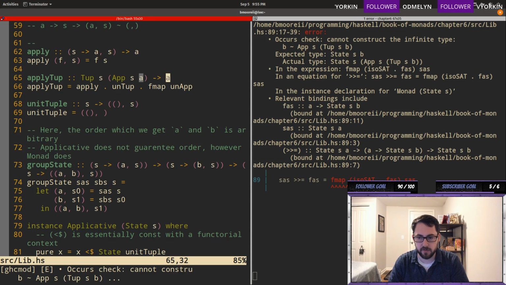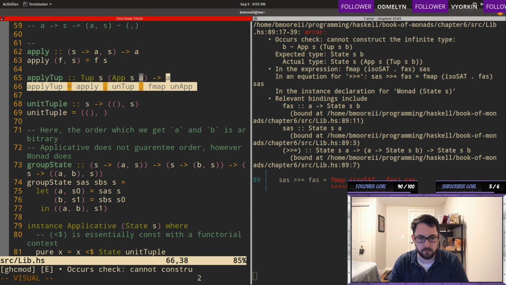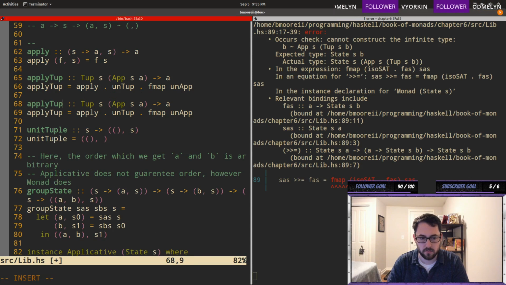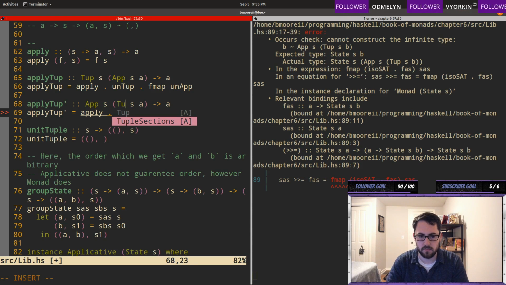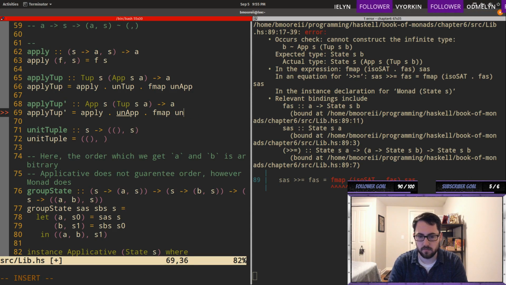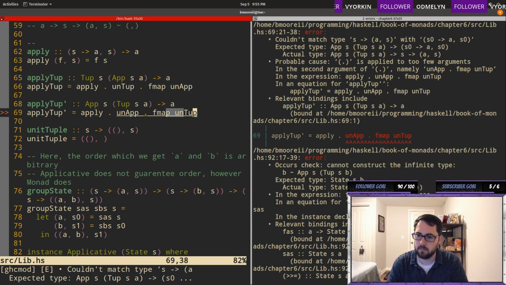I mean, if I have this function, isn't it just trivial? Isn't this the function I need?